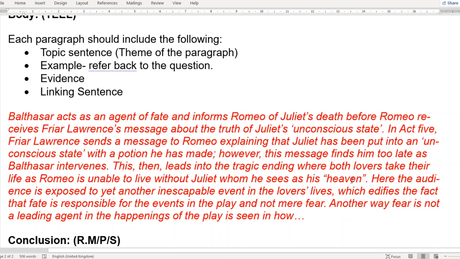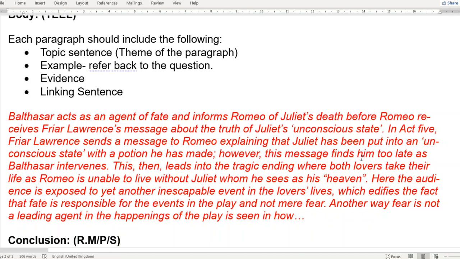So I have chosen heaven here to solidify that imagery of fate, or this third force that exists within this play, like an undercurrent of a third party that's always interfering with our lovers' futures. Okay, so that's why I've chosen heaven. It hints at that.